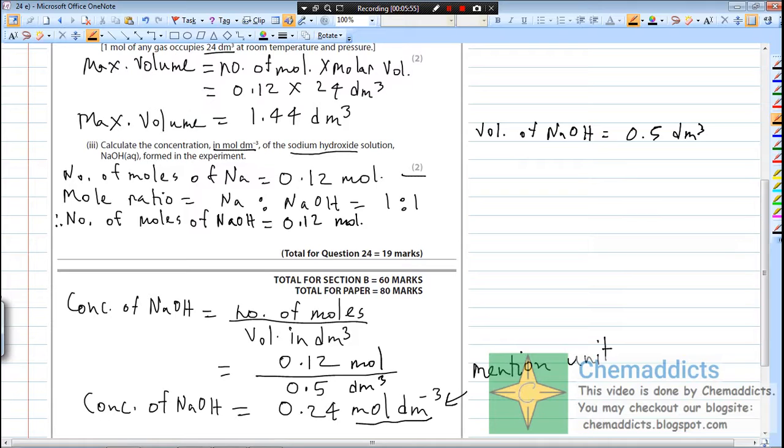Okay fellas, that's the end of this question paper solution. After a long time we are able to solve this whole question paper.